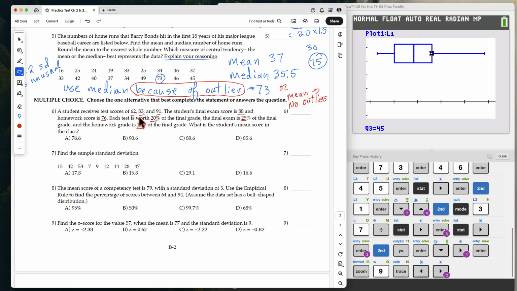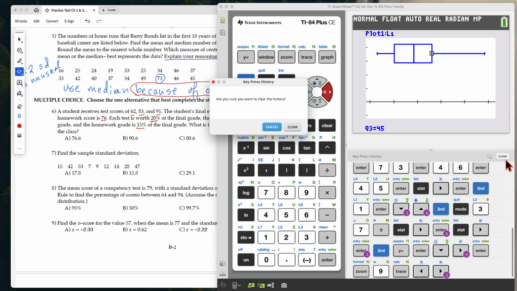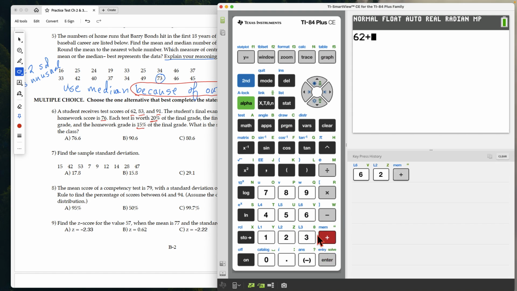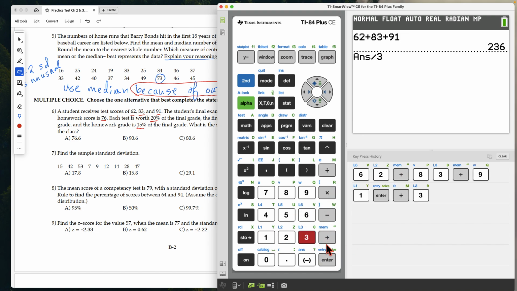What we'd want to do is average the test scores. So we'll take 62 plus 83 plus 91, and we'll divide those by 3. Because they're all carrying the same weight. 62 plus 83 plus 91, enter, divided by 3, 78.666.